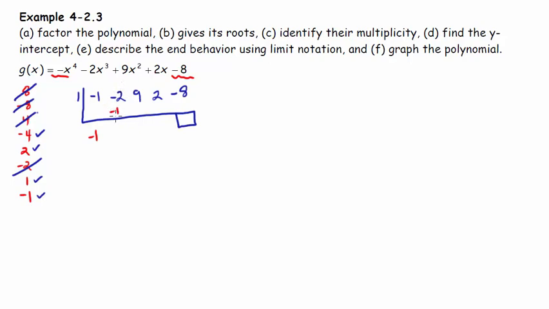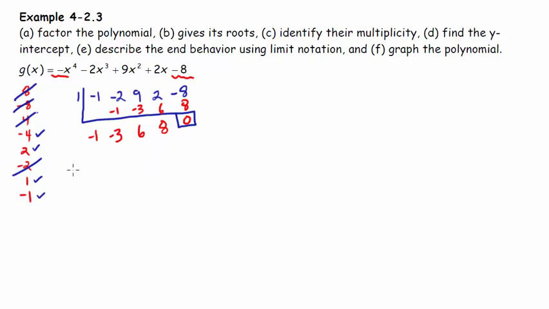Add -2 and -1 to get -3. Multiply here to get -3. Add to get 6. Multiply to get 6. Add to get 8. Multiply to get 8. Add, and we get a remainder of 0. But we knew that was going to work for us.